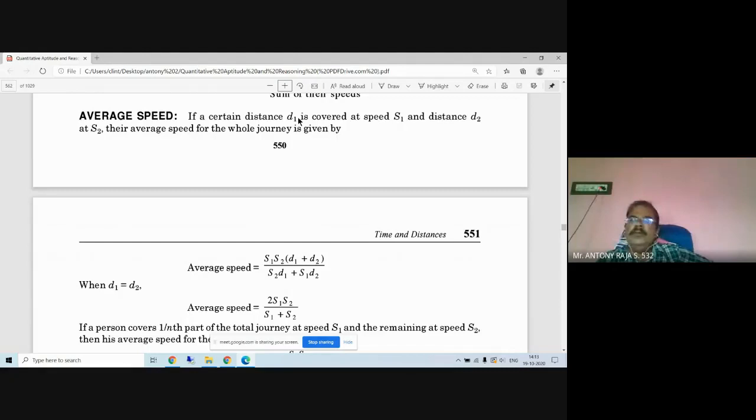Assuming there is no level crossing and no station available, the train moves with a constant speed of 100 km per hour for a distance of 20 km, and then distance d2.